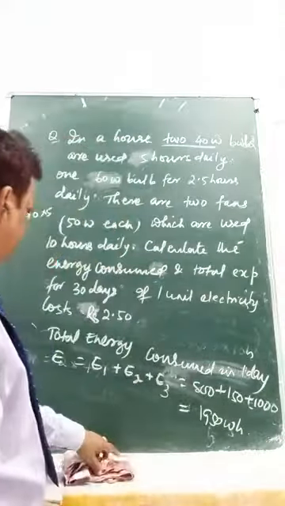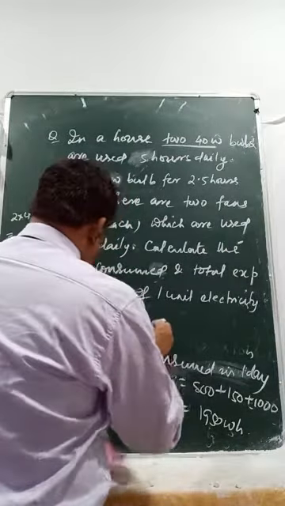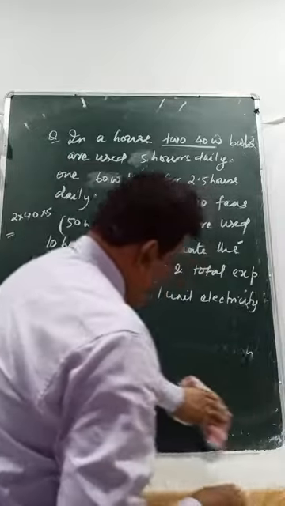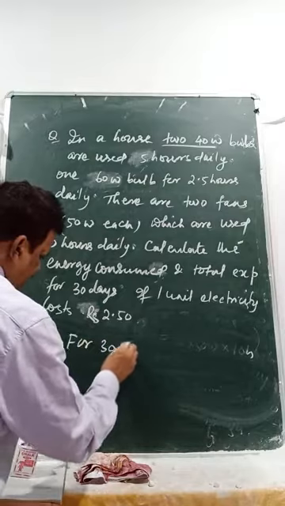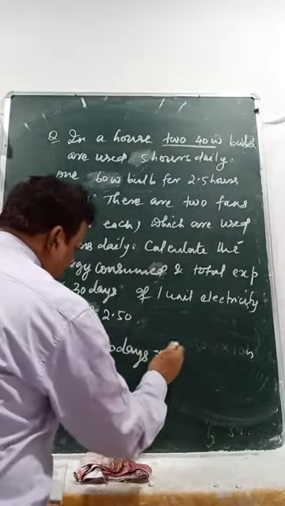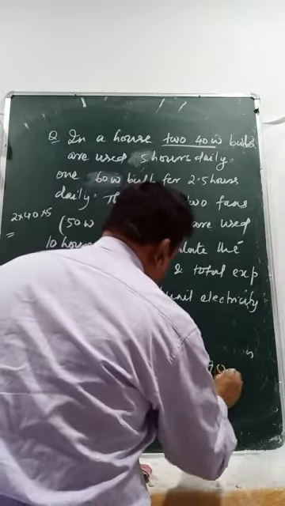So for 30 days, that will be 30 into 1550 watt hour.